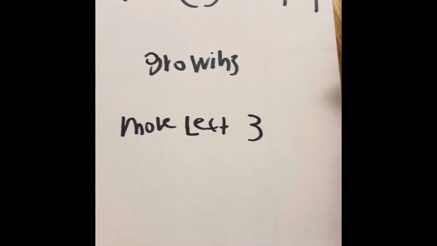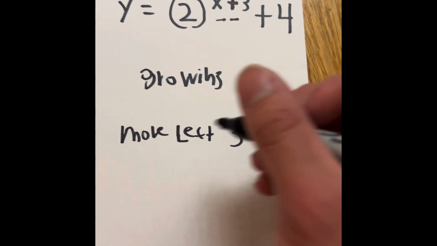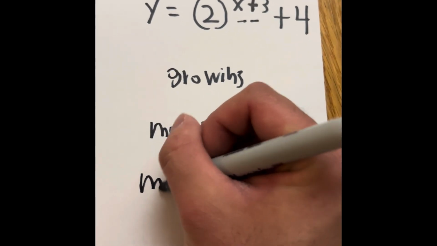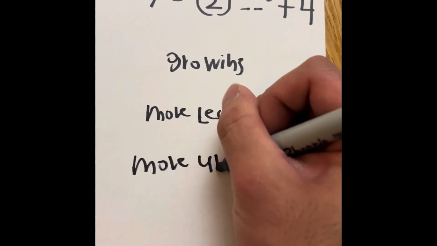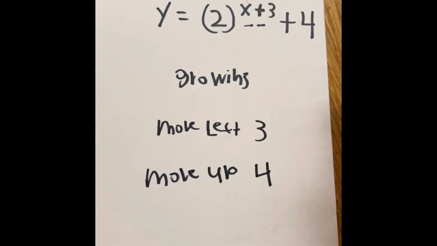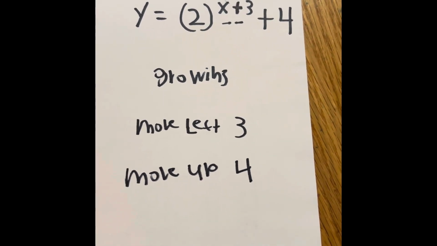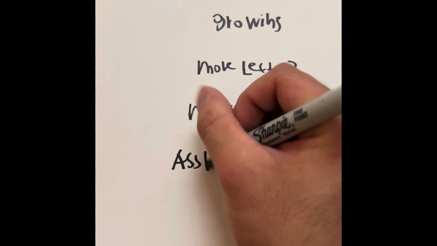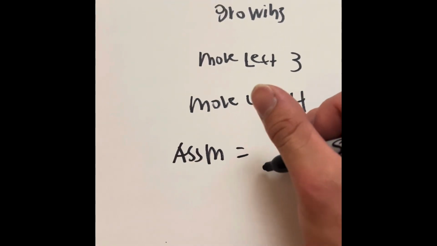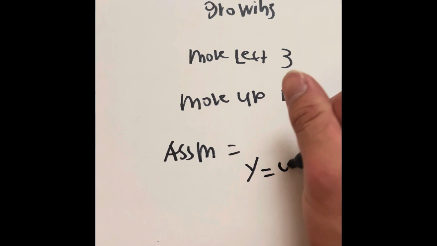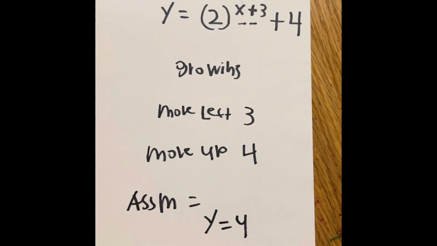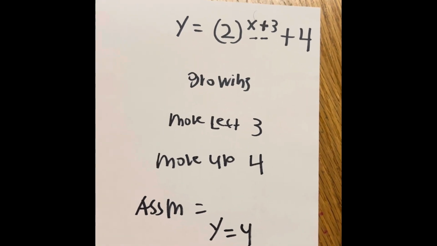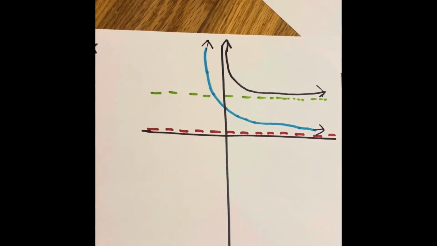Since we have a plus 4 on the k value, we can say move up by 4. But what about the 4 as an asymptote? The asymptote is going to equal y equals 4. So it's going to be at a different line on the graph.